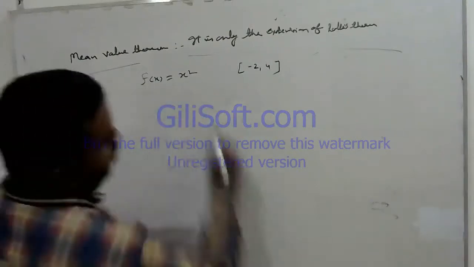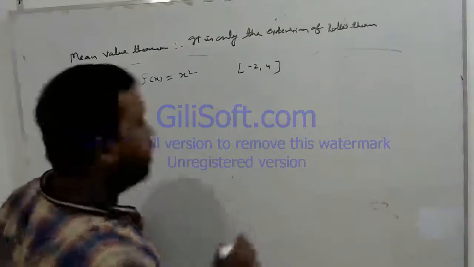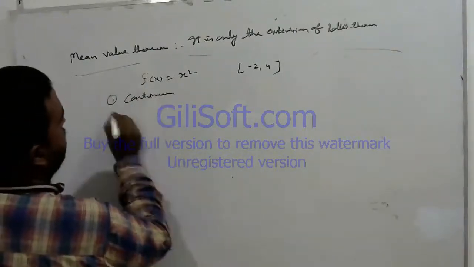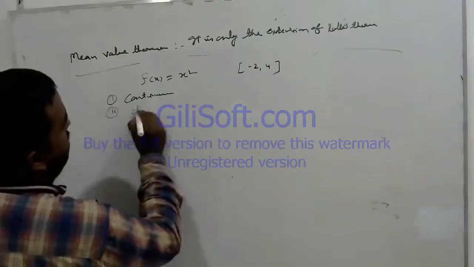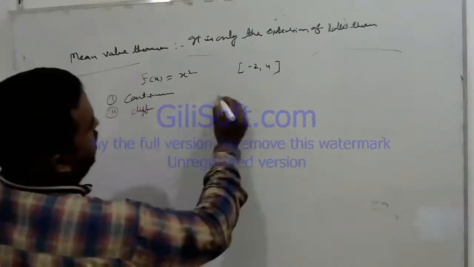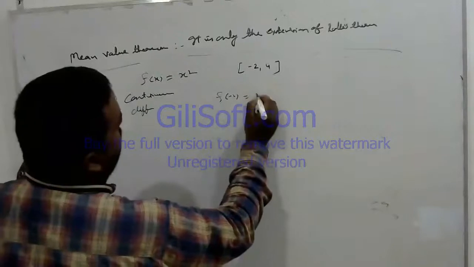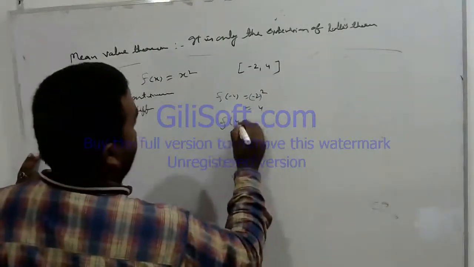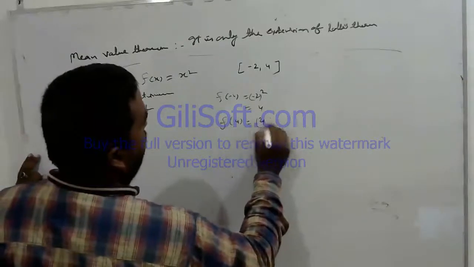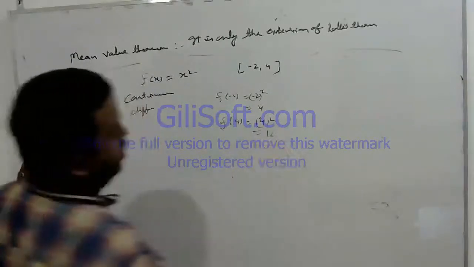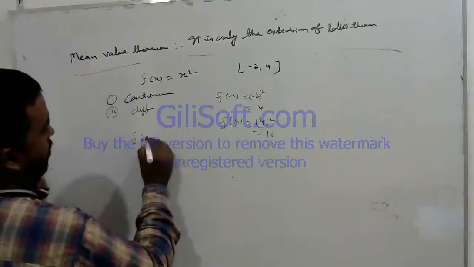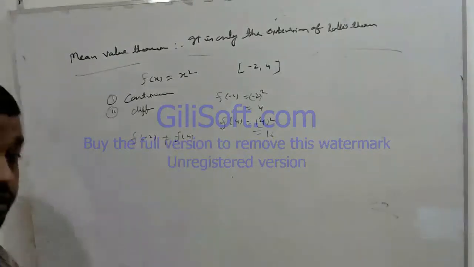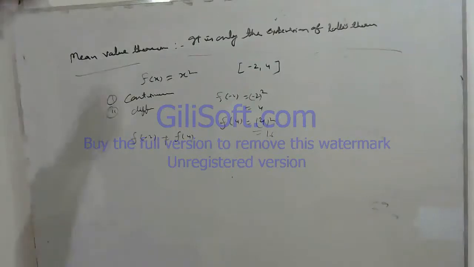Since this is a polynomial, it must be continuous. Second, it must be differentiable. Check it: f(-2) is equal to 2 square, that is 4, and f(4) is 4 square, that is 16. So f(-2) is not equal to f(4), so all the conditions of the mean value theorem are applicable.